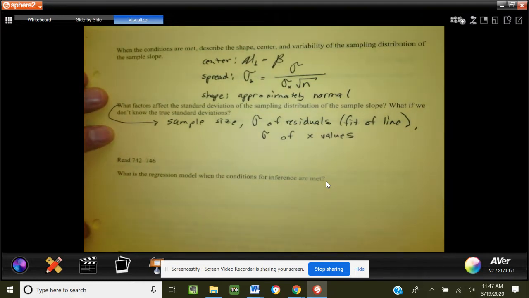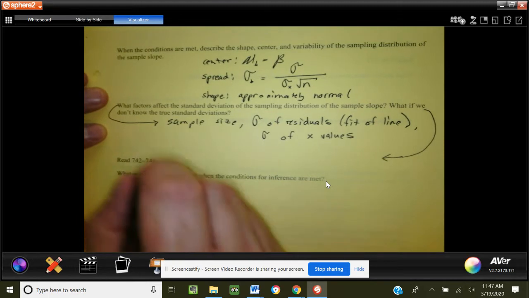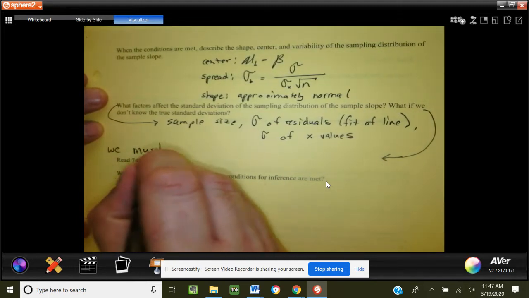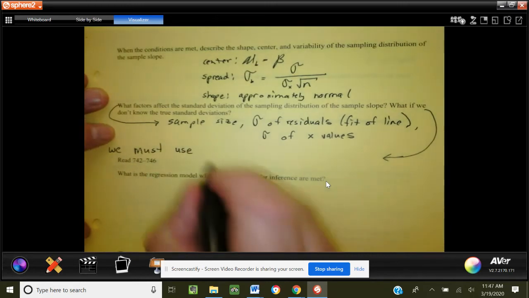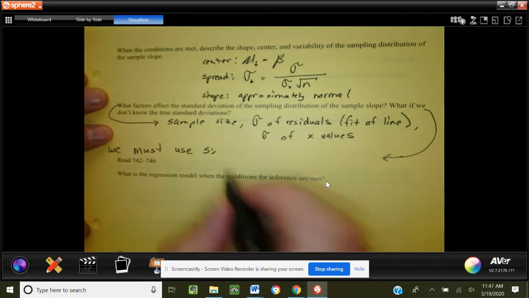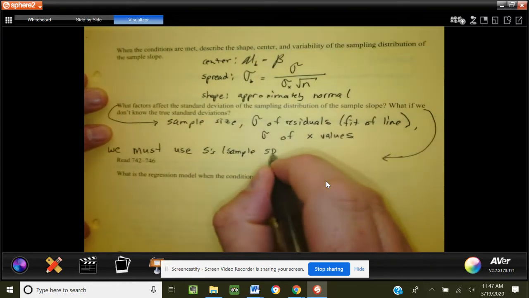All right. What if we don't know the true standard deviations? Then we must use, this will look funny, the s's, which are the sample SDs.